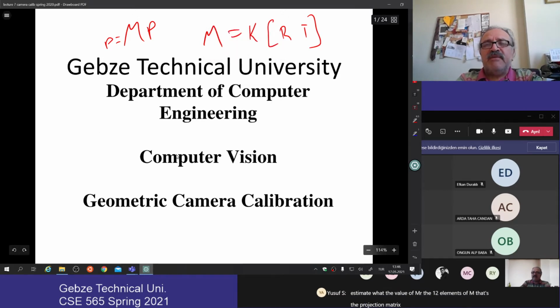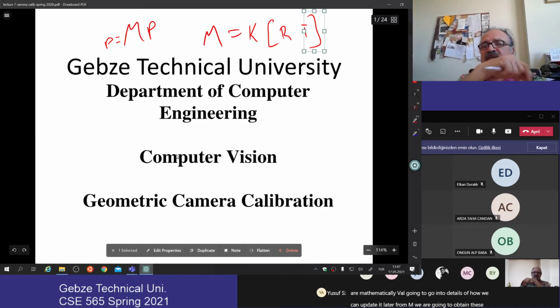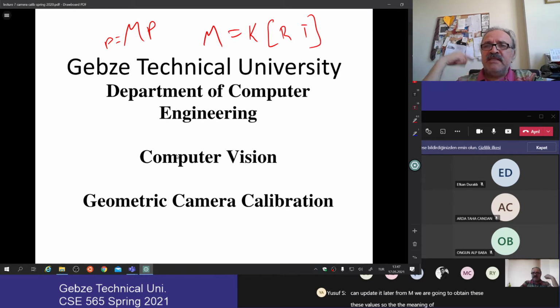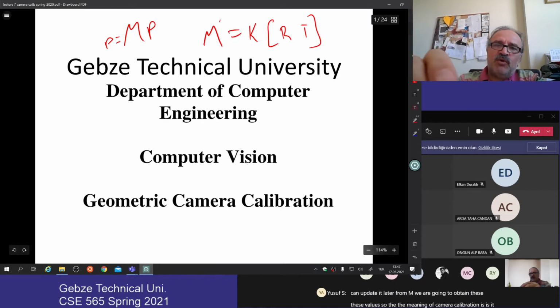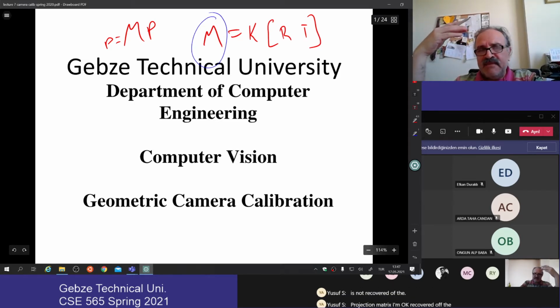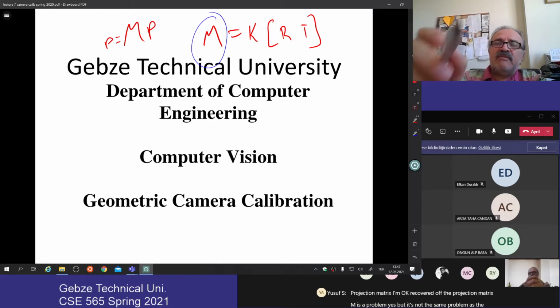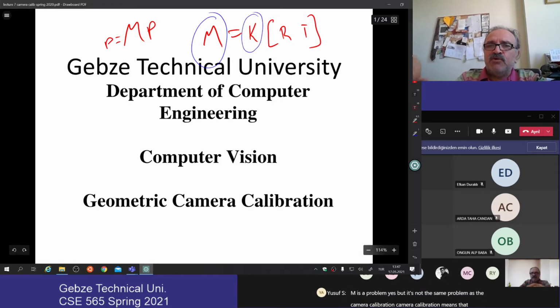Previously we talked about it, but we are going to go into details of how we can obtain it. Later, from M, we are going to obtain these values. So camera calibration is not recovery of the projection matrix M. Recovery of the projection matrix M is a problem, yes, but it's not the same problem as camera calibration. Camera calibration means recovering the values of K.